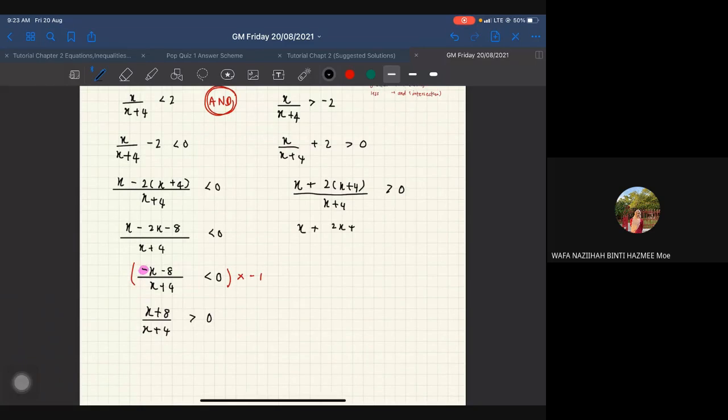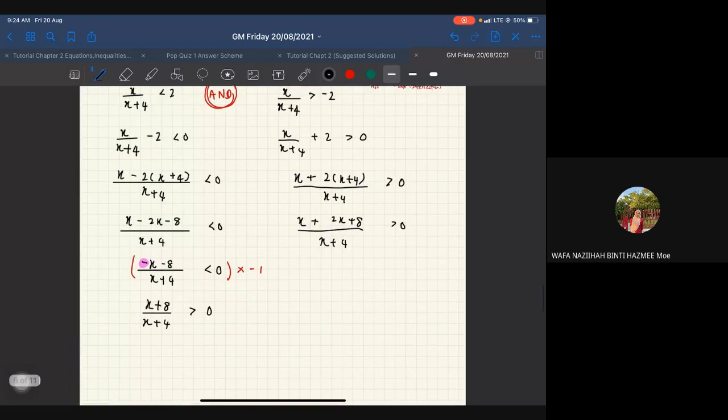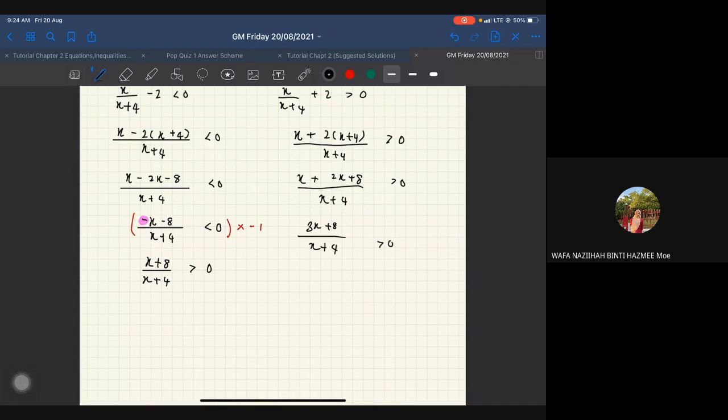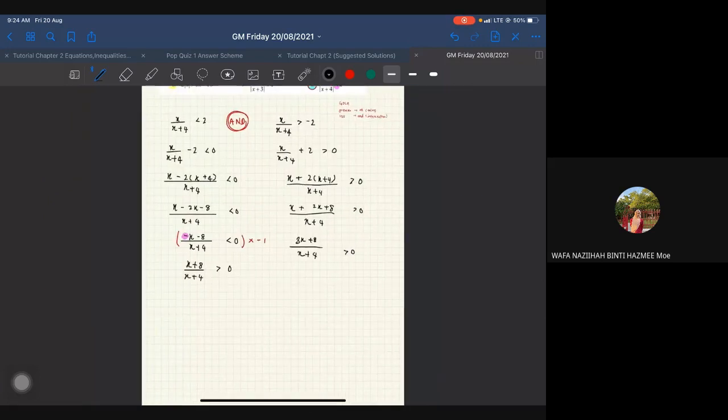So you have 3x plus 8 over x plus 4 greater than 0. Okay, so settle. So sekarang awak ada dua inequality yang mana sebelah kanan dia dah jadi fraction and yang belah kiri dah jadi kosong. Okay, so sekarang kita nak buat table of sign. But before kita buat table of sign, kita akan cari dia punya root dulu.